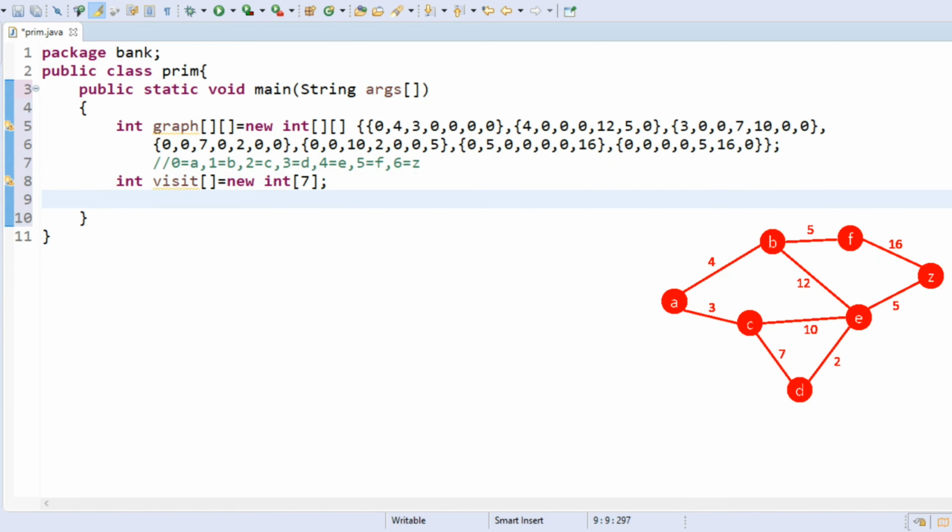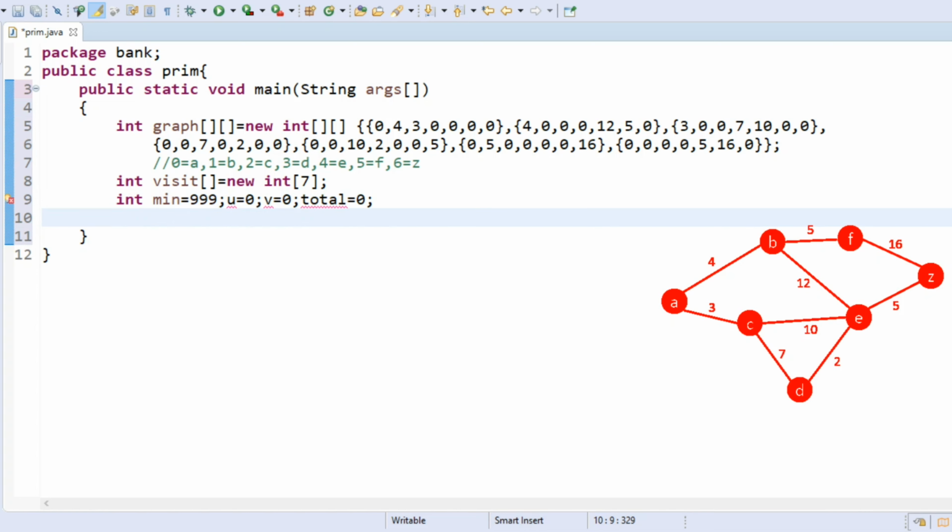Okay, and I am taking the minimum: int min equals 999, for comparing the minimum values between the edge values and the minimum value. Coming to u equals 0, u is the source vertex and v is the destination vertex. And I am taking total equals 0.